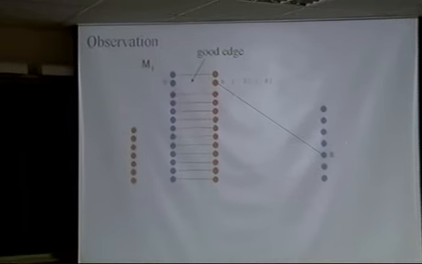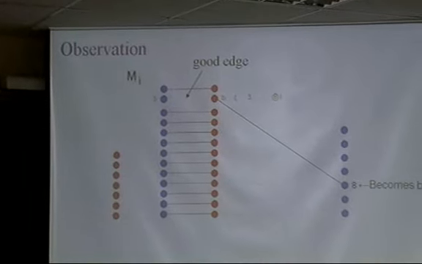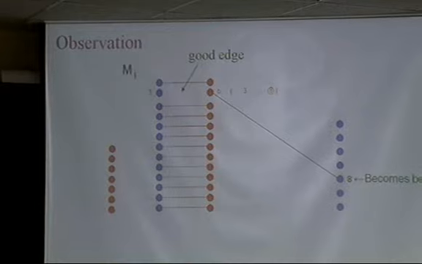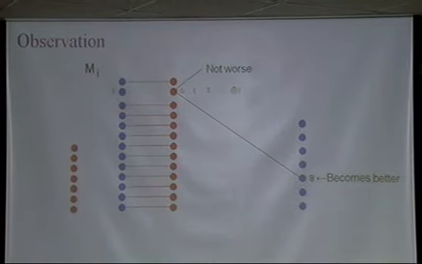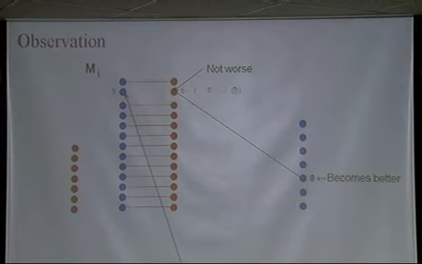Then 8 becomes better because he was single but now matched. B does not become worse. Of course, 3 becomes worse because he is now single. But this does not create a prohibited blocking pair because he's single now. It's allowed.